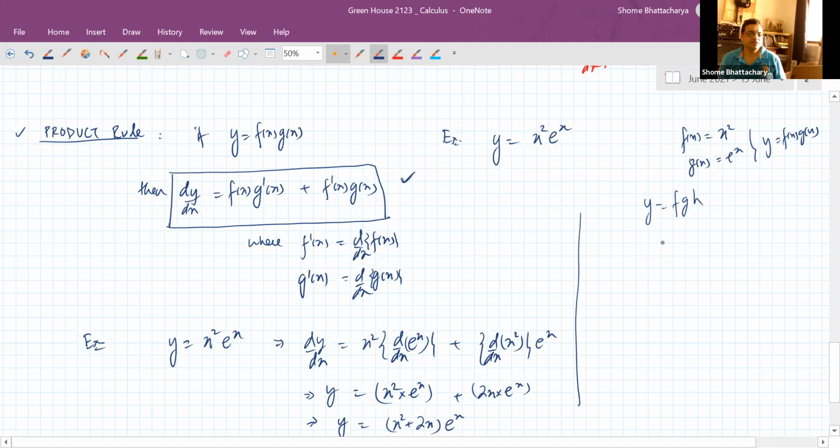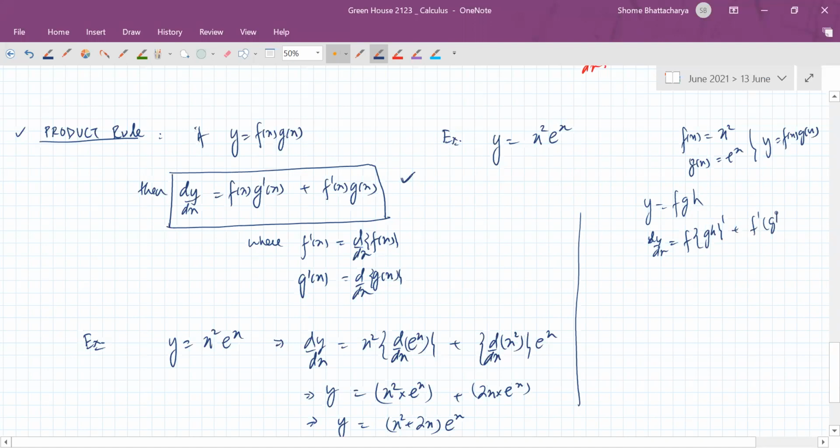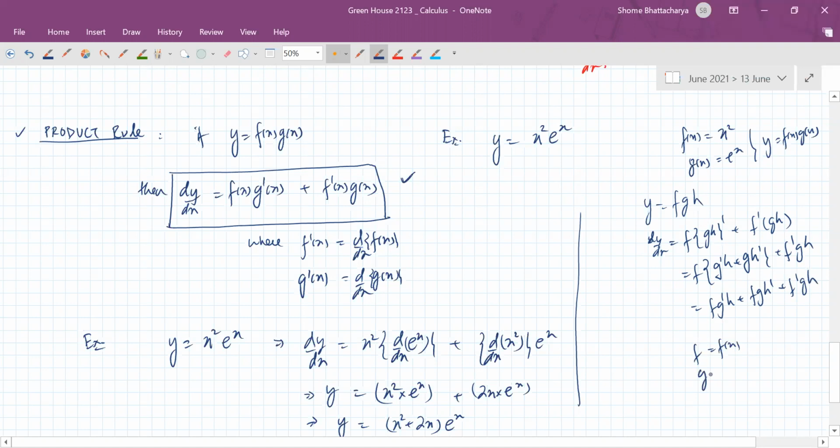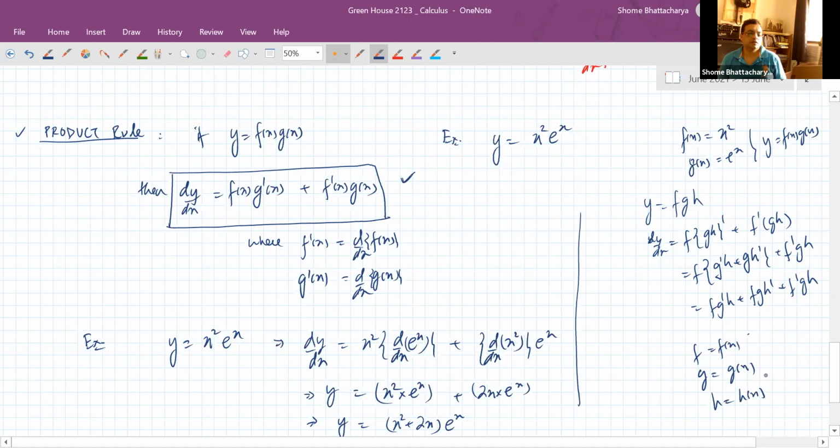If I have three functions f, g, and h, then dy by dx I'll write as f into derivative of gh plus, and then when I take this inside, this will become g prime h plus gh prime. So it will become like this, where f is some function of x, g is another function of x, h is also another function of x.